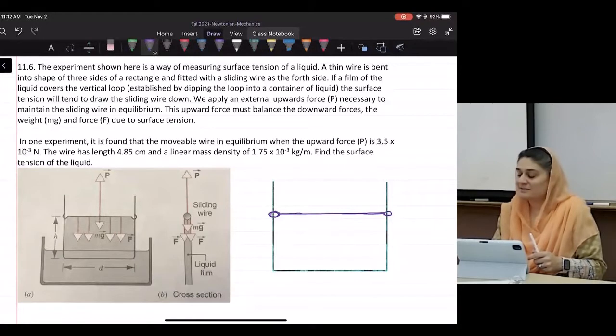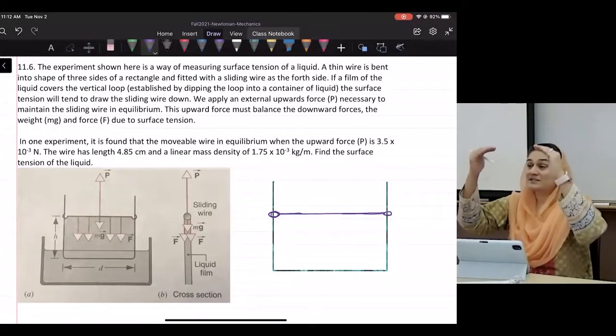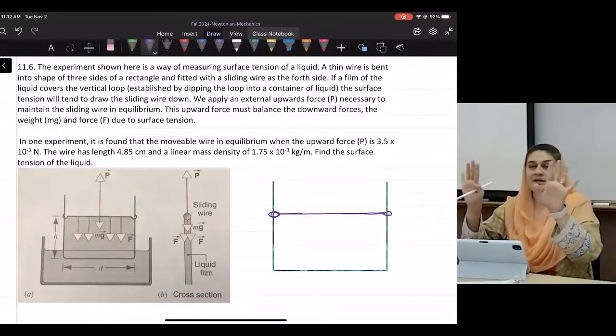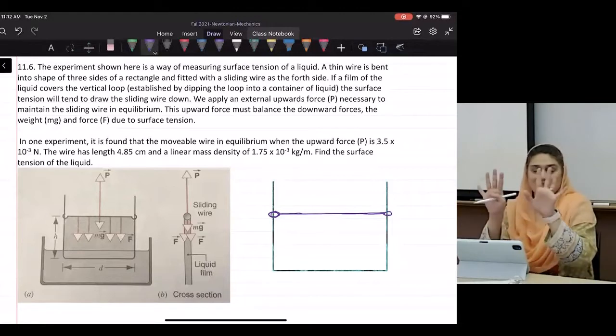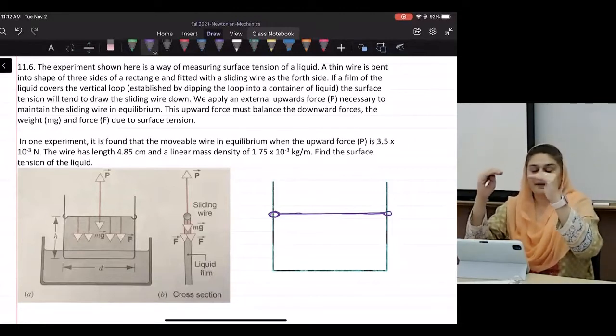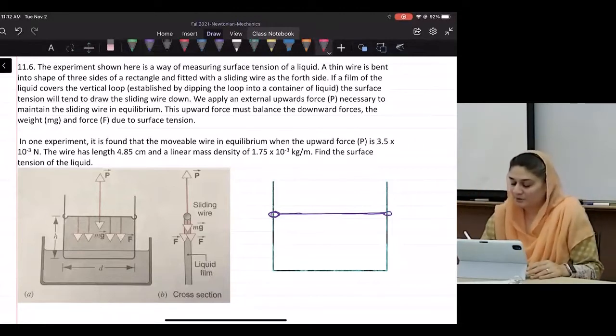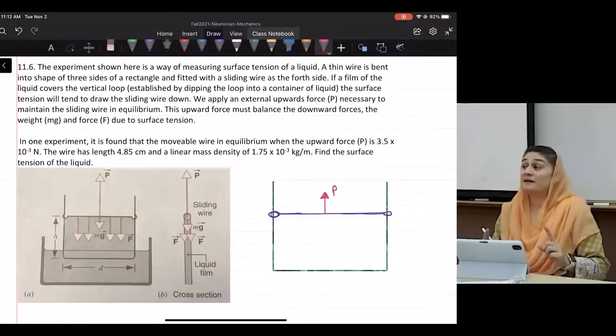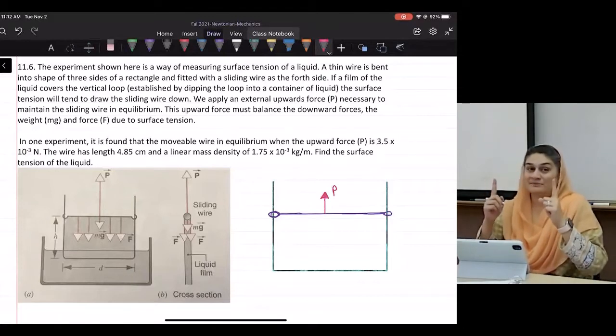But in this case, there is a sliding wire that slides down as long as there is a surface that exists for it to be held up, right? So in this surface, there will be an upward force P that they give us, that the surface has to apply to make it go up.